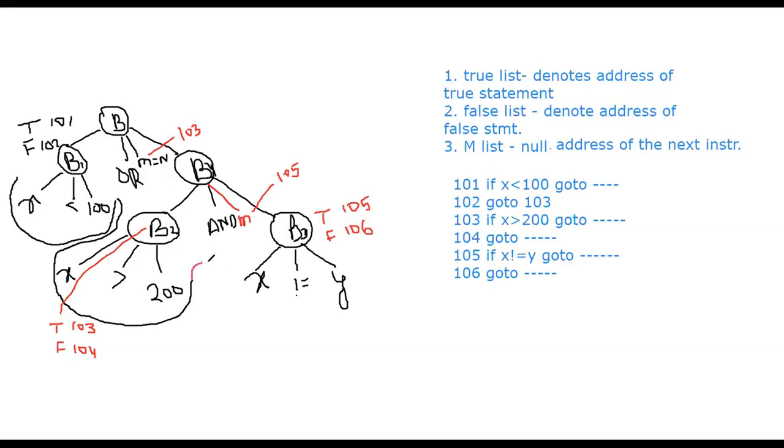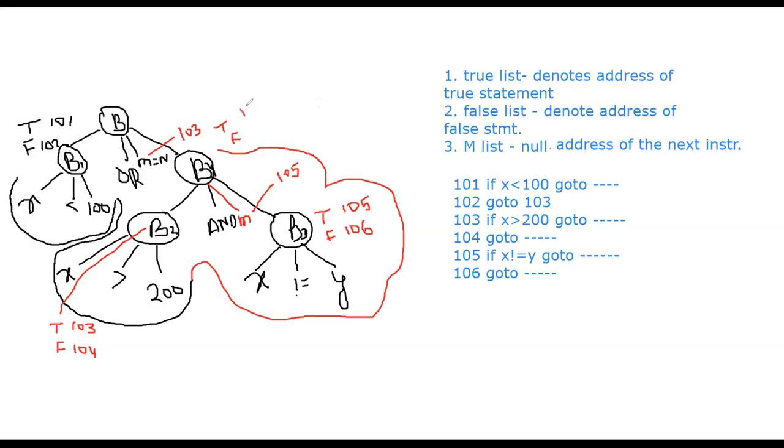Now where have we reached? We have scanned till B3. M list is already formed. Now we have reached B4. Now we have to create a true list for B4 and false list for B4. Fine. So write down the rule for B4. B4 will contain the address which is written at the M list.